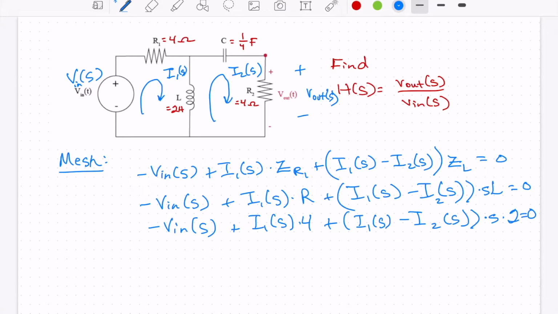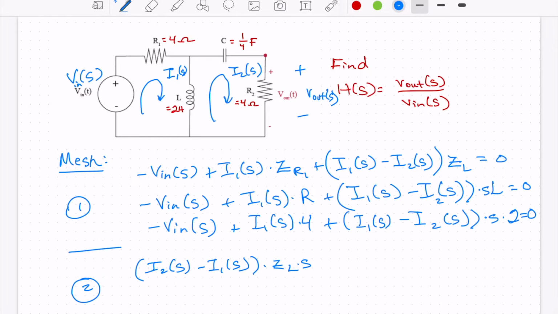Now let's go around the other loop. So this was mesh 1, here will be mesh 2. We have I2 of S minus I1 of S times ZL, times S, SCL. Well, I guess I don't need the S if I write ZL.